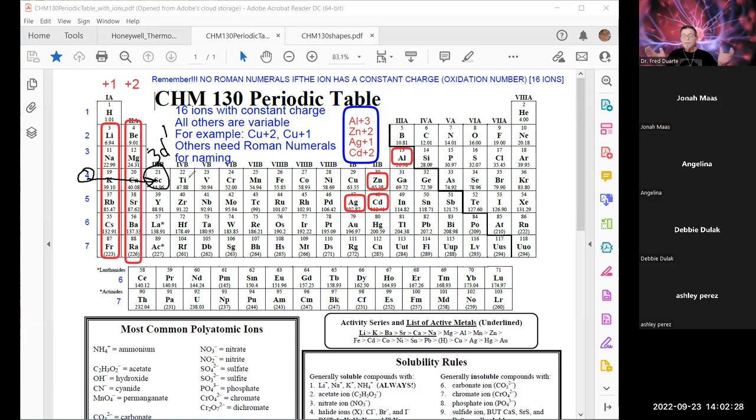It turns out from the mathematics of it that the d orbitals are one energy level in than the energy level that they're in. Let me restate that. For the d orbitals, their energy level is one energy level less than the energy level that they're in.